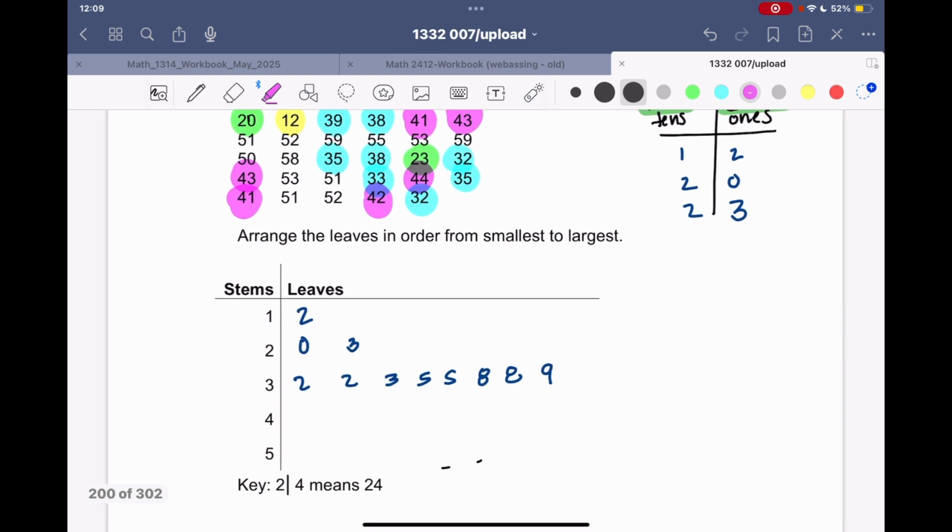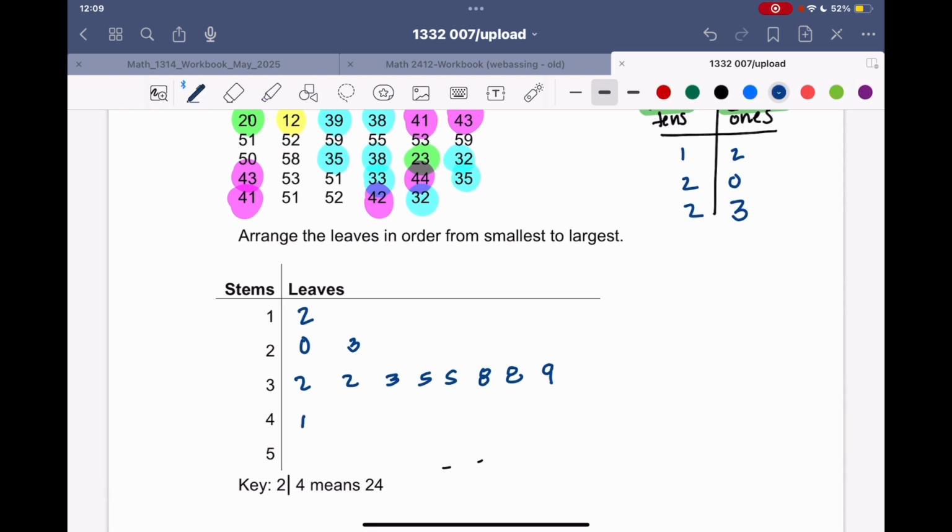So that means I have a 41, I had 2 of those. I had a 42. I have 2 43s. And I have a 44.